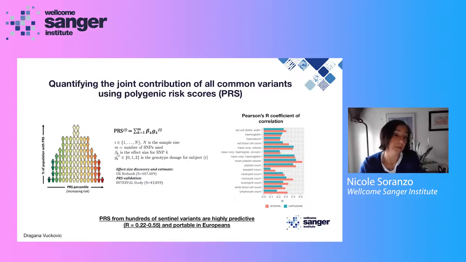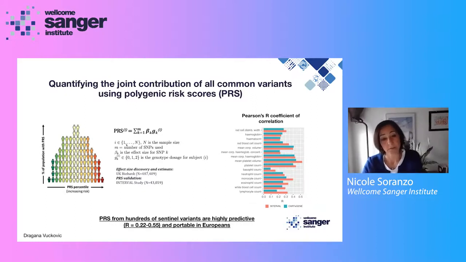And so if you see in this plot on the left-hand side, the majority of the population will have an average level of polygenic risk score, but people at the extremes might be particularly low or high, carrying an extreme phenotype. And so one could ask, for instance, if people at the lower end of the spectrum might be protected against the risk of given diseases, and people on the right might indeed be at increased risk over the normal background of the population.